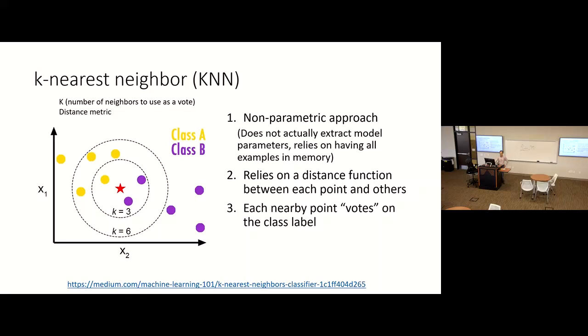When you decide to use k equals 6, we consider the 6 nearest neighbors. In this radius, 4 belong to yellow and 2 belong to purple, so your new data point belongs to yellow by vote.